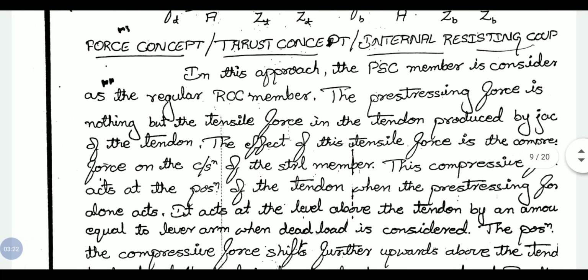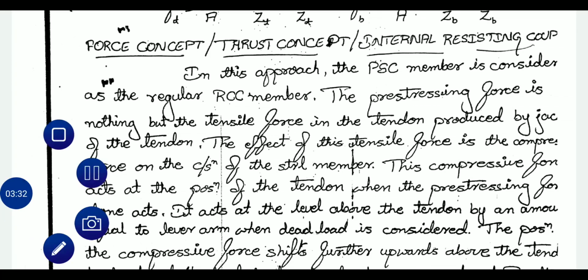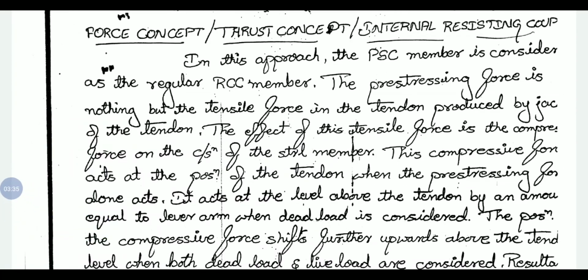Next concept is the force concept. It is also called the thrust concept or internal resisting couple. In the force concept, as we know, we apply tensile forces on the tendons or steel cable provided for the application of prestressing force.